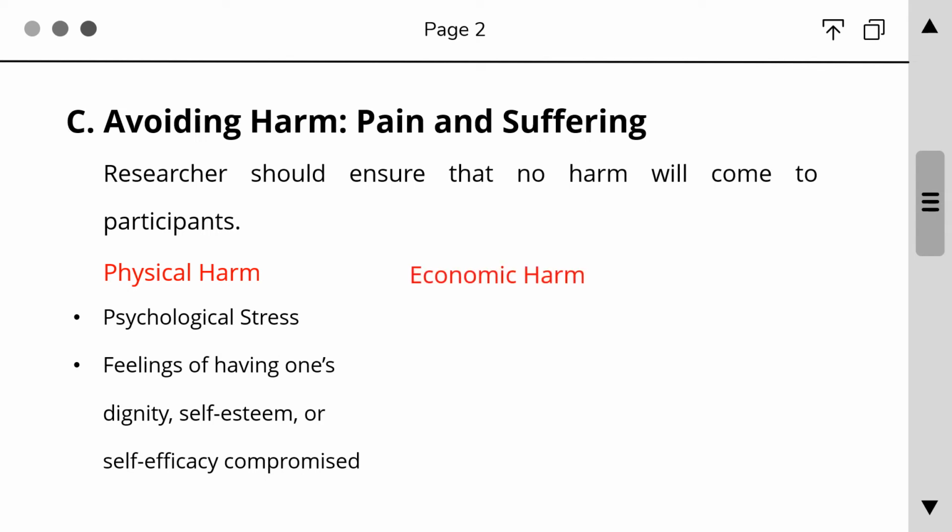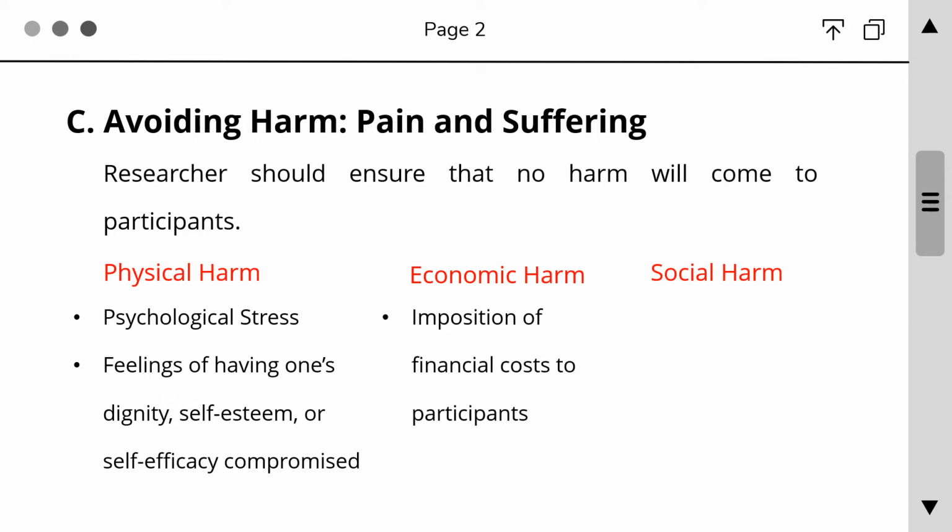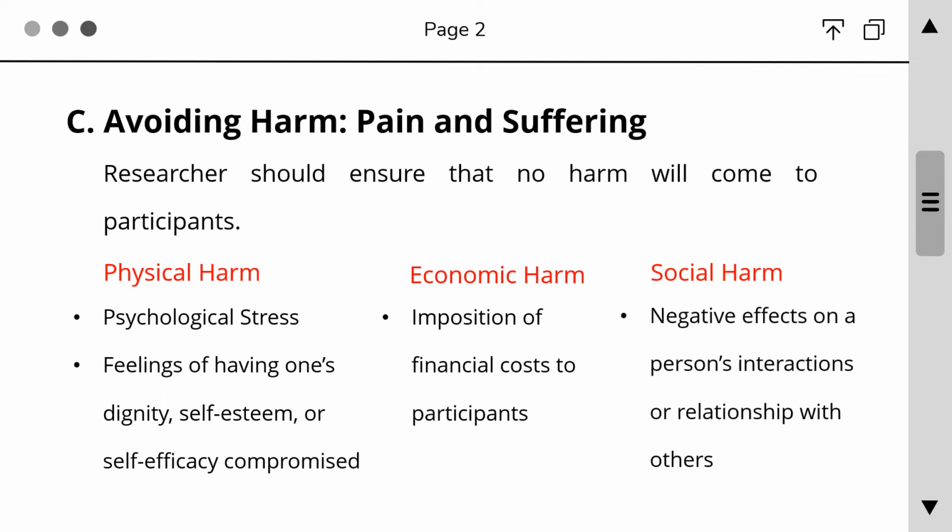Another one is the economic harm, where researchers impose the financial costs of the study on the participants. And lastly, we have social harm. So as a researcher, you should be aware of the negative effects of the study on your participants' interactions or leadership with others, including family members or friends.